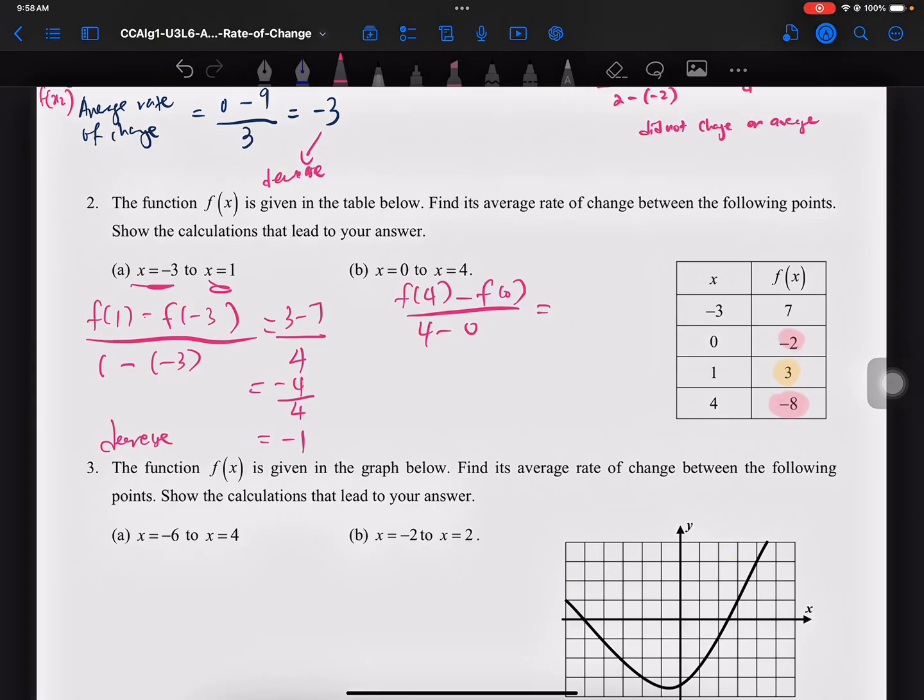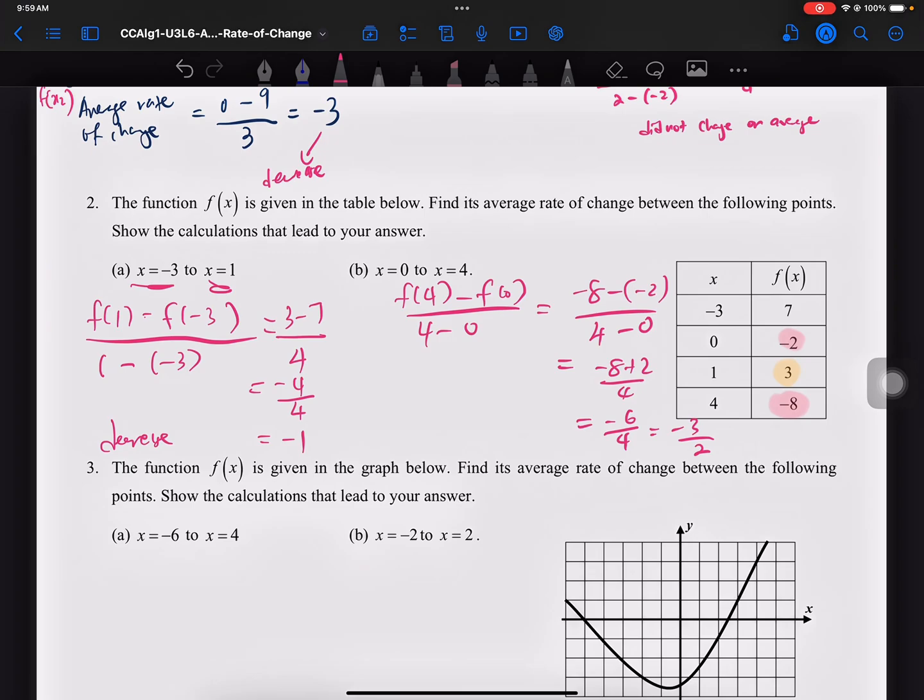So minus 8 minus negative 2 over 4 minus 0. Then it is minus 8 plus 2 over 4. It is minus 6 over 4, and it is minus 3 over 2. So the function also decreases on average by 1.5 units for each 1 increase in x.